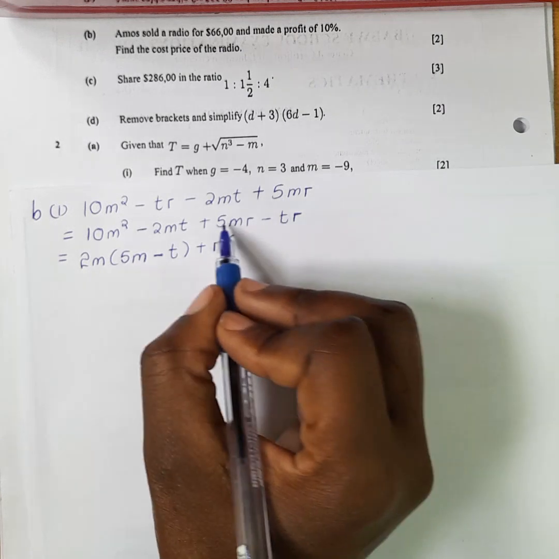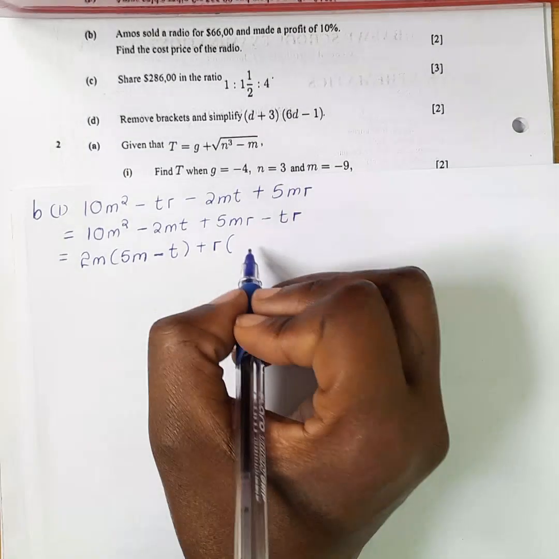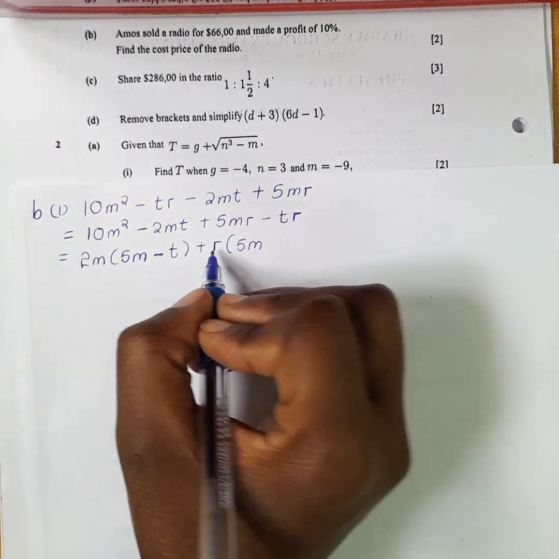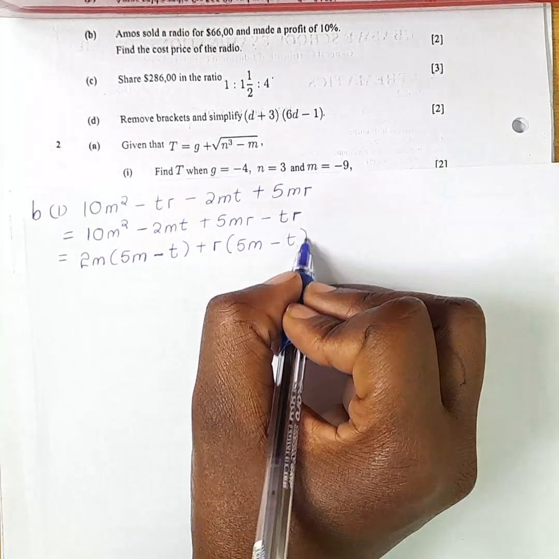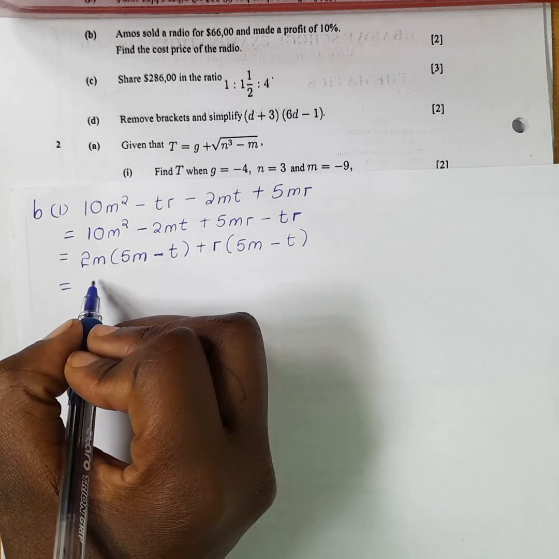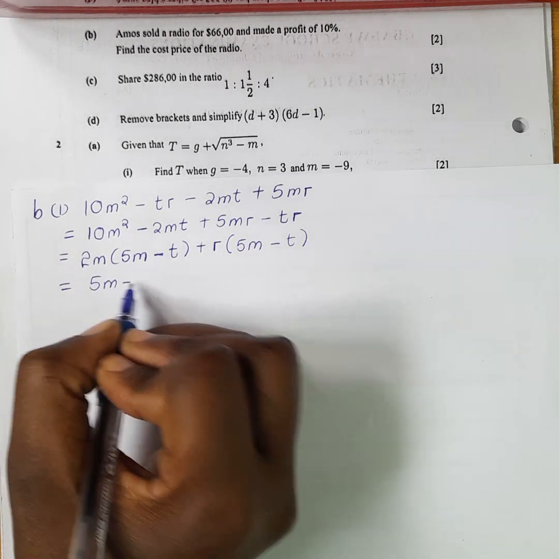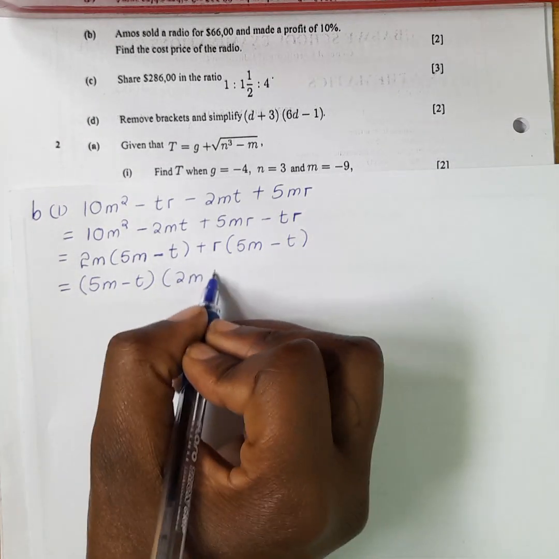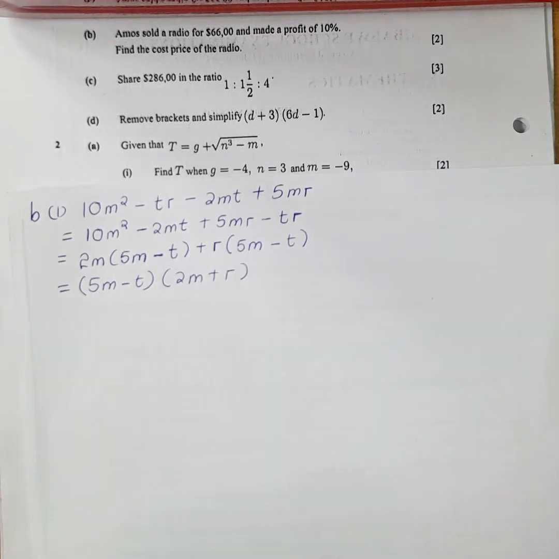And then we say 5mr divided by r, we get 5m, minus tr divided by r, we get minus t. So our final answer is going to be 5m minus t times 2m plus r. This is how we are going to factorize this expression.